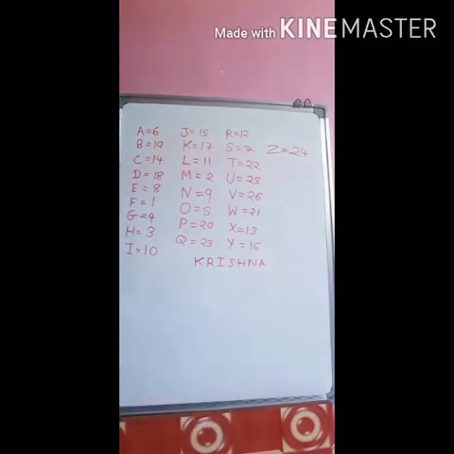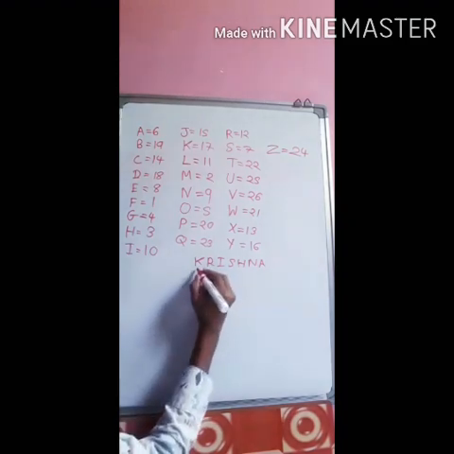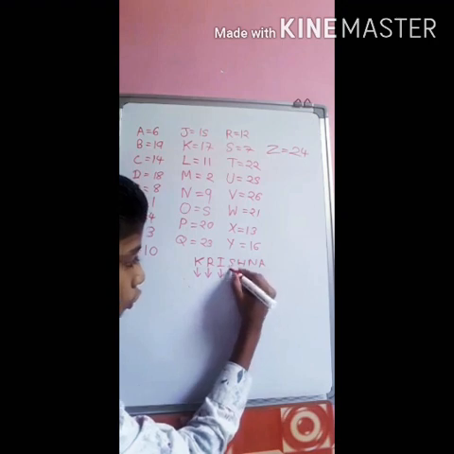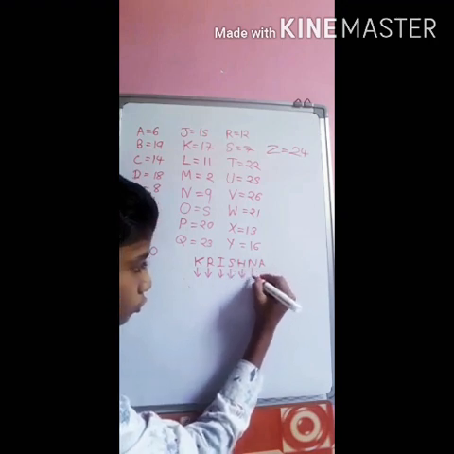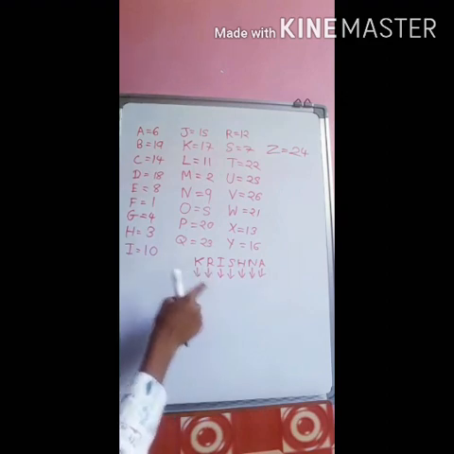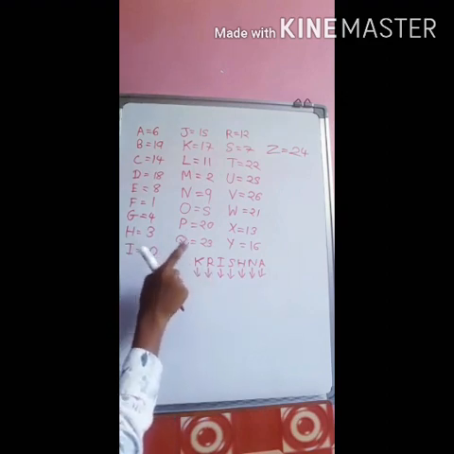Now I have written here Krishna. Now we will make arrows. As you can see, I have told you before this also. All the arrows are ready. Now what we have to do is, same trick. We have to see which number each letter is equal to.